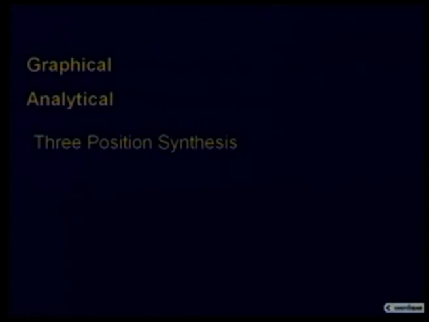Let me now illustrate what we mean by this three position synthesis with reference to various types of problems, namely motion generation with or without coordination with the input movement, path generation problem with or without coordination with the input movement, and the function generation problem. We shall illustrate this method assuming that the linkage we are going to design is a 4R linkage.